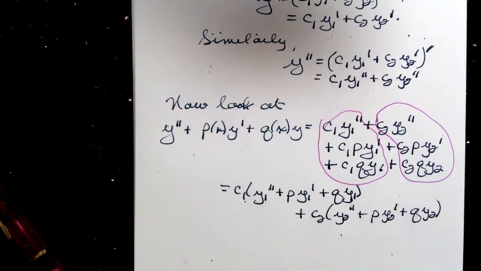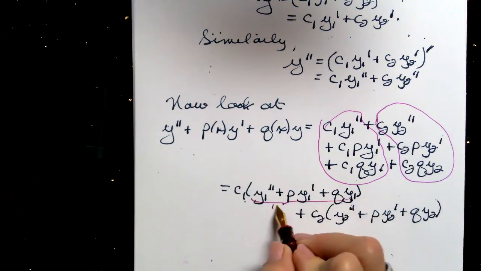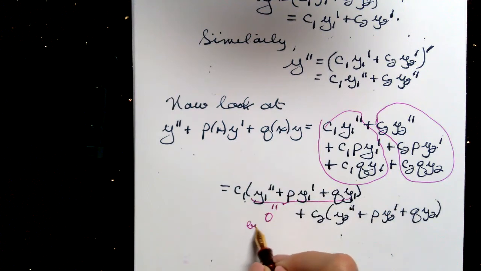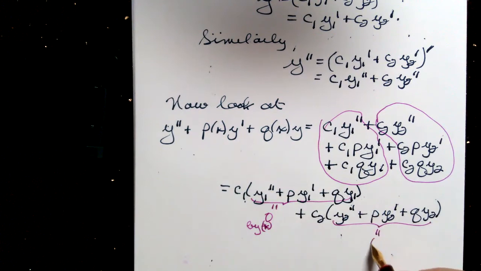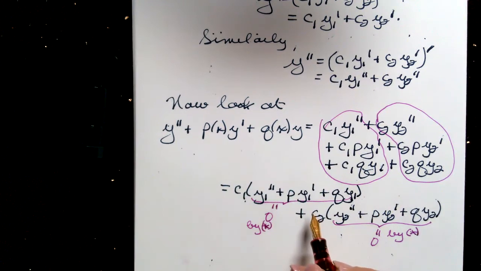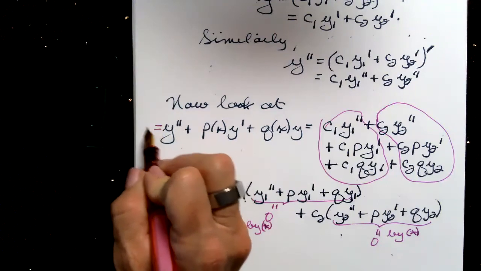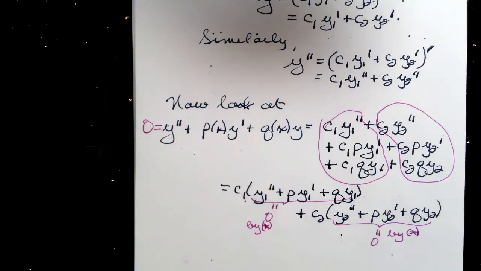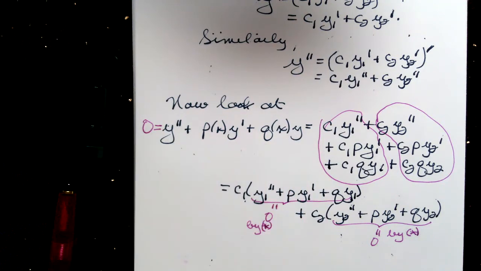And then notice, because Y1 solves star, asterisk, as we called it, this thing is equal to 0 by the equation. And so is this. So it's the sum of two things that are 0. So this left-hand side is 0. And that means that y satisfies the equation asterisk. And so that's it.